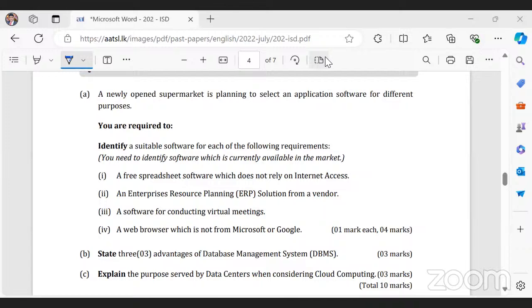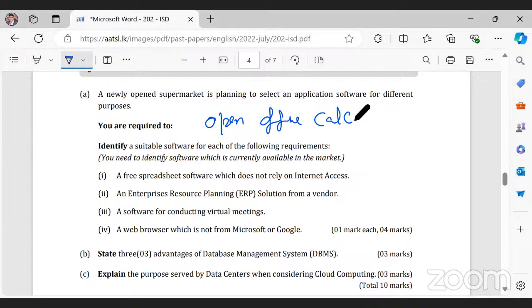Then what are those? Then you can say Open Office Calc, a free spreadsheet.